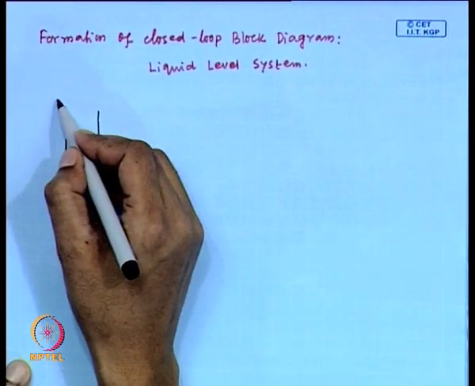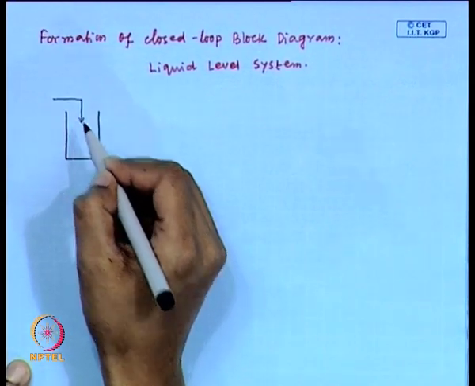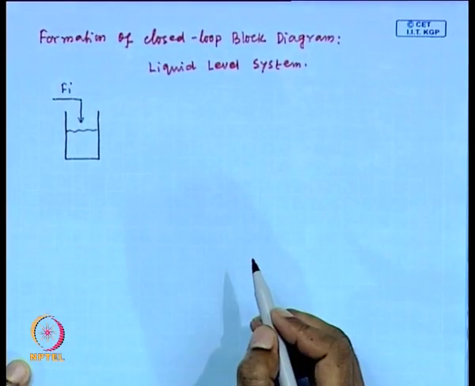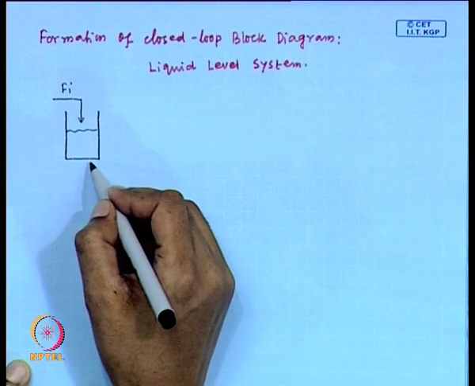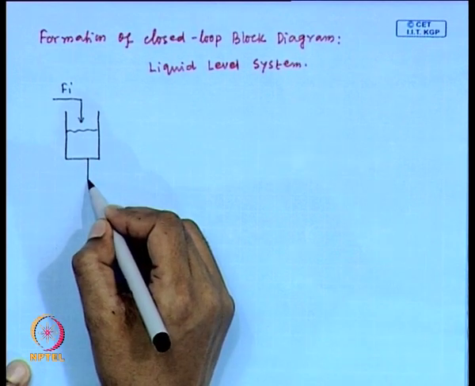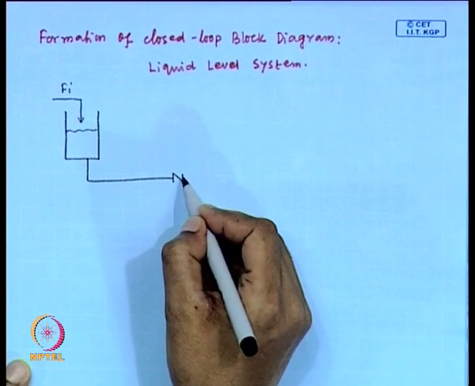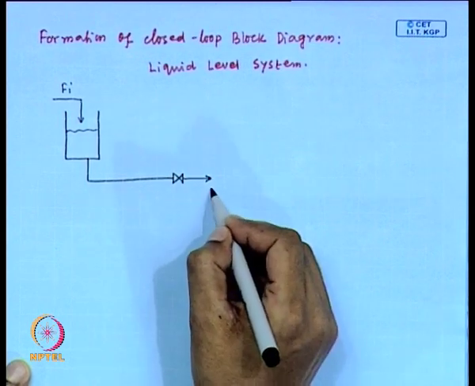This is the liquid tank, Fi is the inlet flow rate and the outlet flow rate is say F naught.